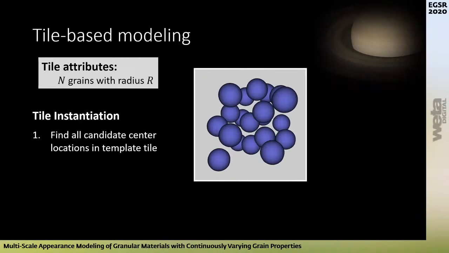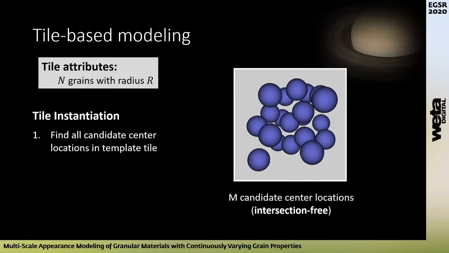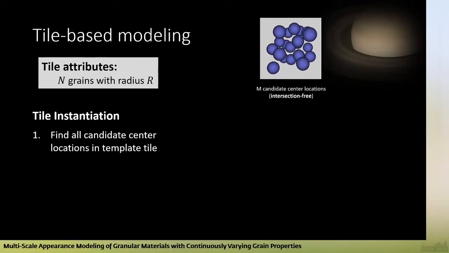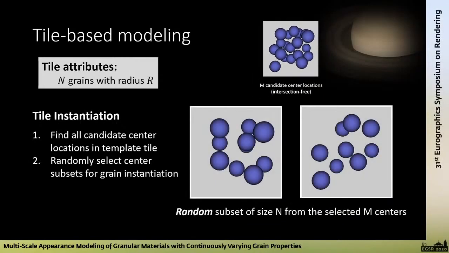All selected centers are intersection-free with the specified radius and serve as candidate center locations for the n grains. Then we can pick any subset containing n elements as the grain centers from all the candidates. By randomly selecting subsets for the grain centers, randomness is introduced into the model to reduce the artifact of visible repetitive patterns.